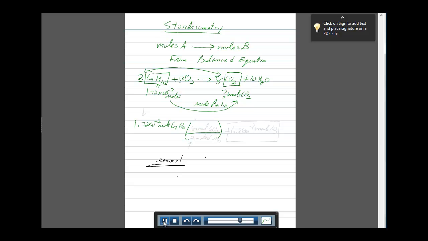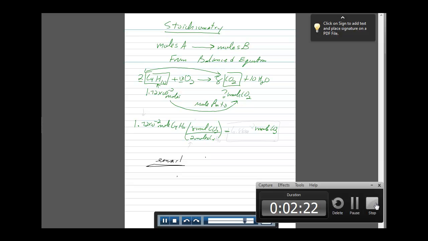And so we're going to use that relationship from the balanced chemical equation to convert it so that we ultimately end up with moles of CO2. The balanced chemical equation shows us that for every 8 moles of CO2, there are 2 moles of C4H10.